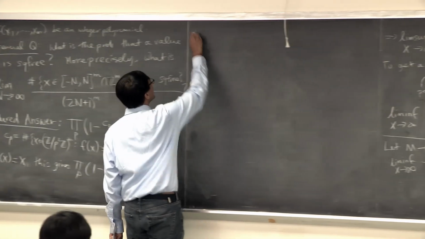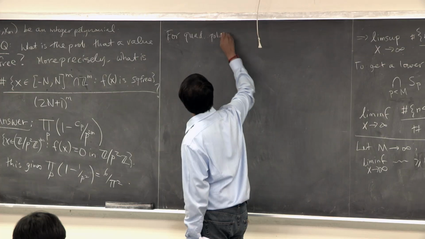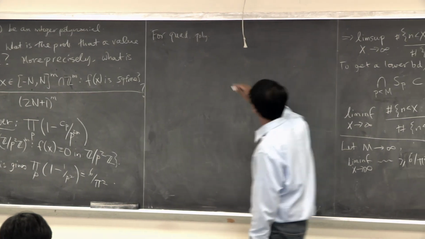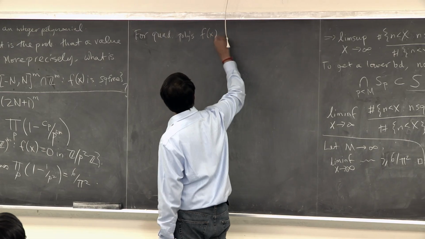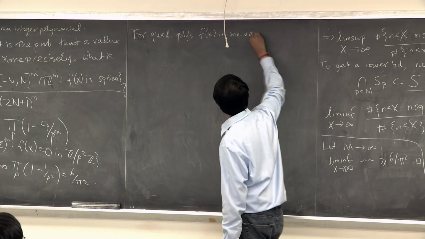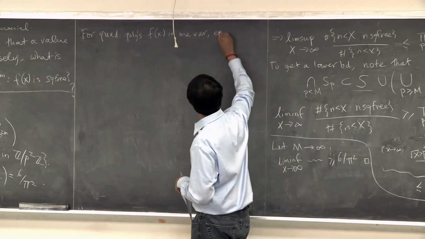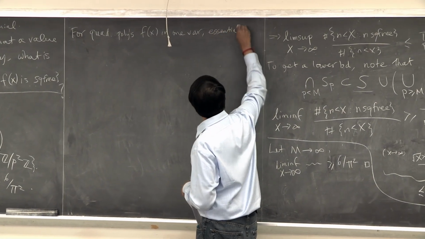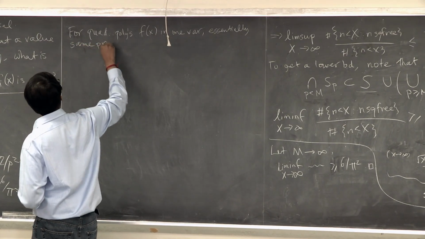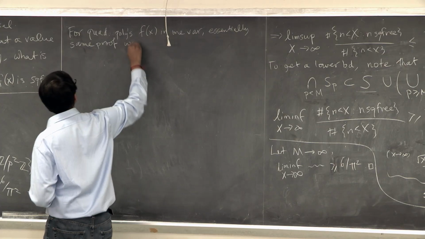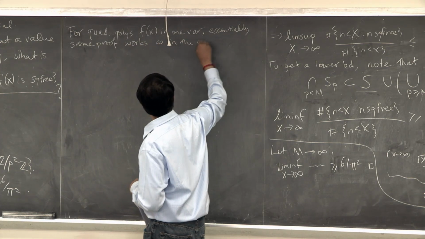For quadratic polynomials, in one variable, essentially the same proof does work, as in the case f of x equals x.